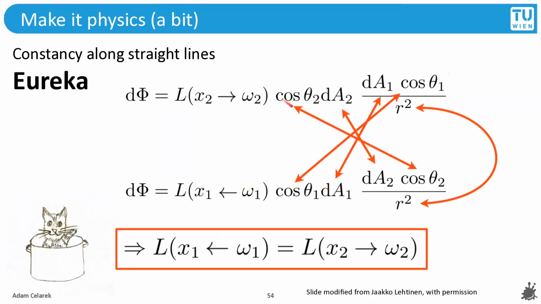And you can see that all these terms on the right side are the same. And this results in the flux coming into position 1 being equal to the flux that is leaving position 2. Oh, cool. This means that the amount of flux is constant along straight lines. Basically what we said before, but here we have it in math.